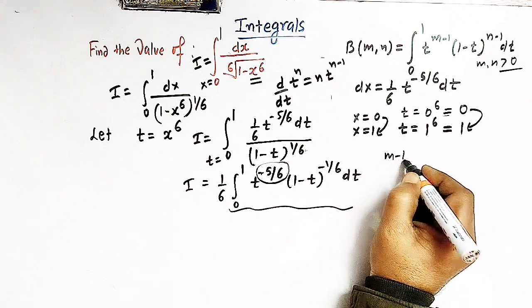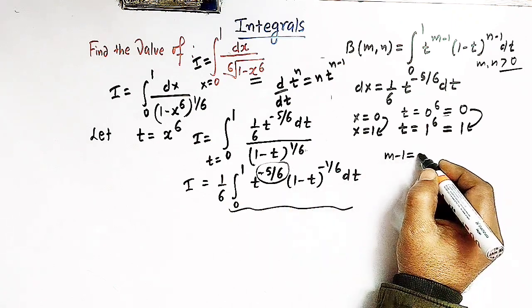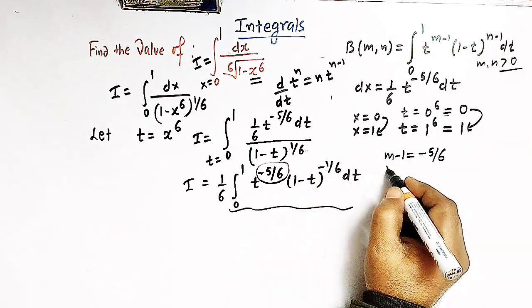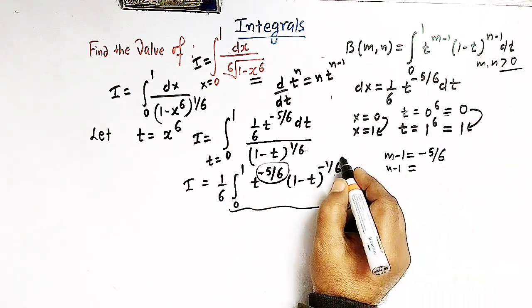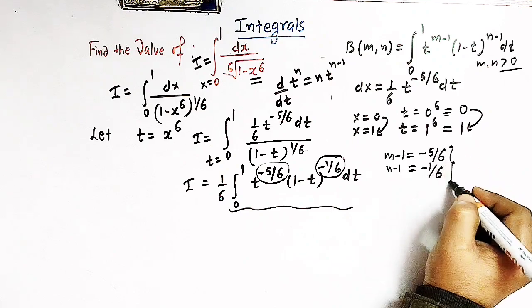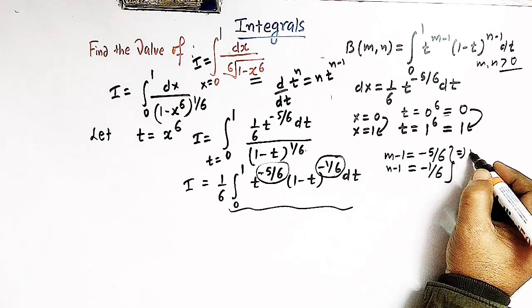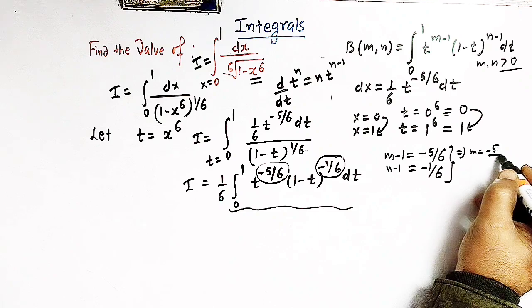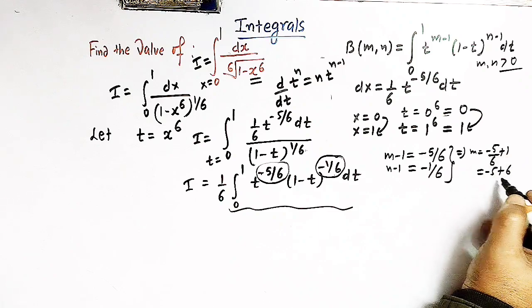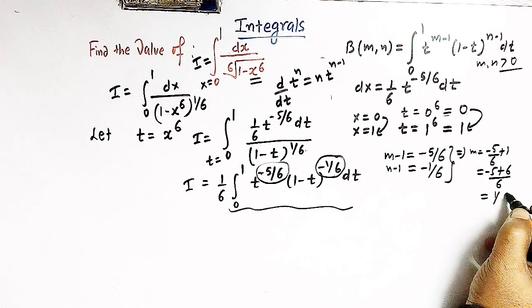So now m minus 1 can be written as minus 5 over 6, and n minus 1 can be written as minus 1 over 6. So let us solve these two equations. We can write m is equal to minus 5 by 6 plus 1, that is minus 5 plus 6 over 6, that is 1 over 6.